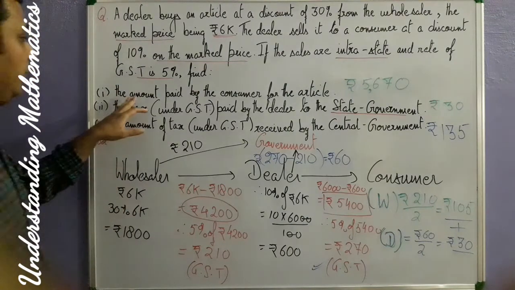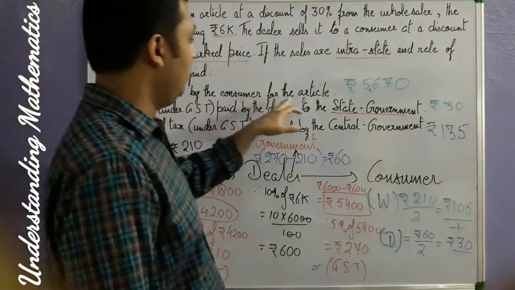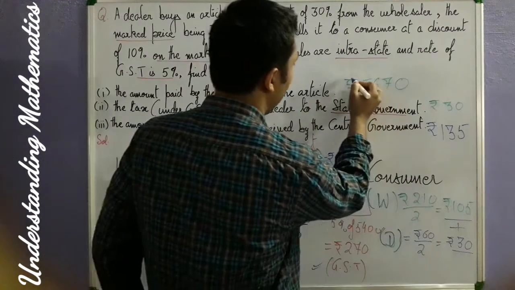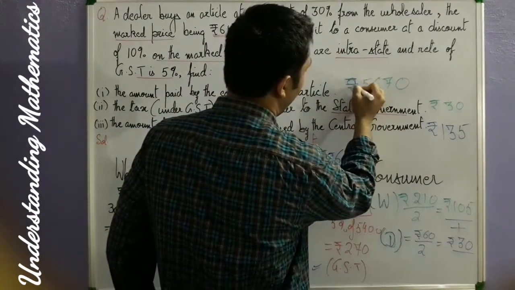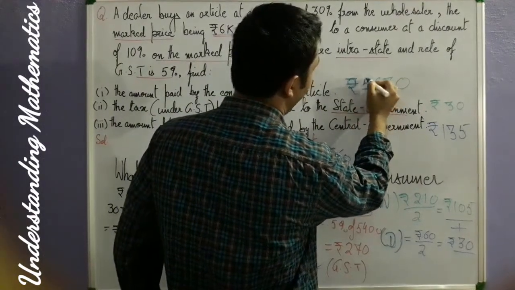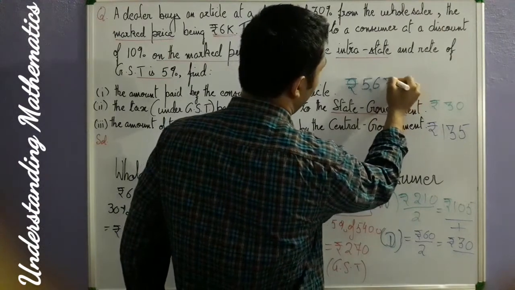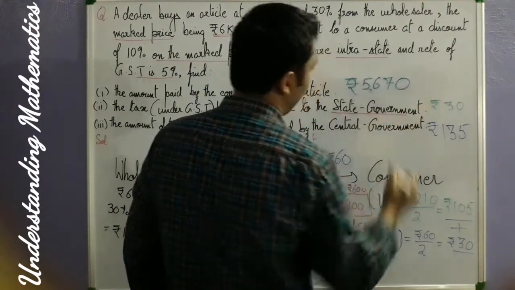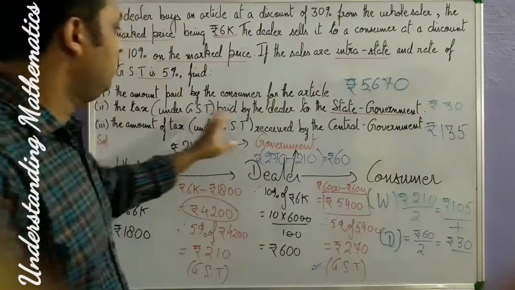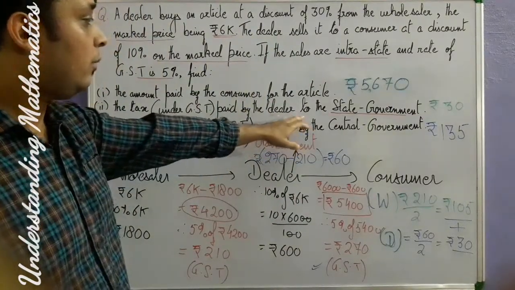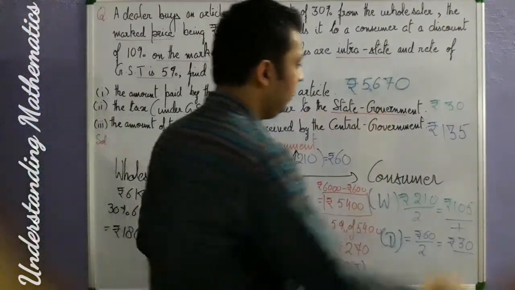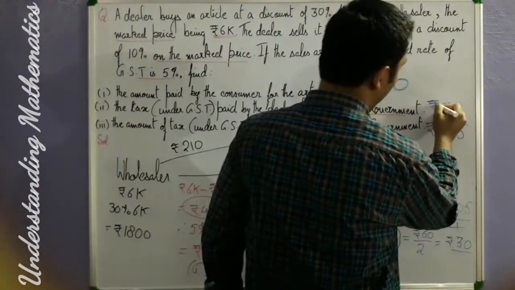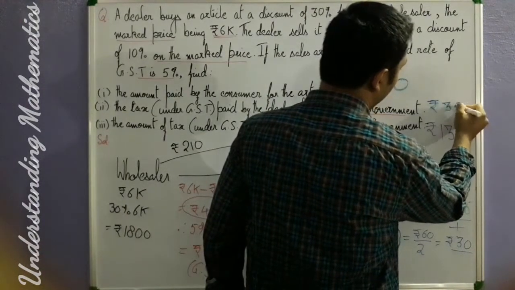So what was the first part? The amount paid by the consumer for the article. It is rupees 5670. Second is the tax paid by the dealer to the state government, which is rupees 30.